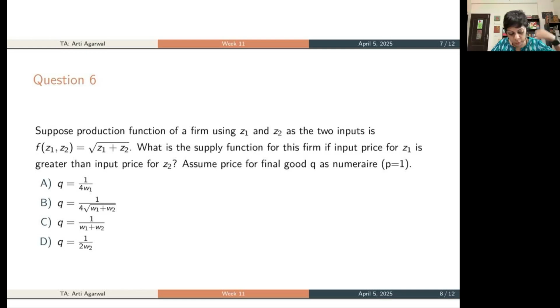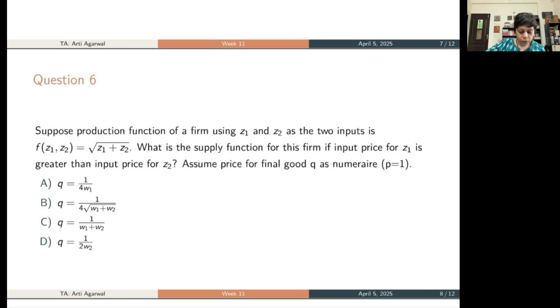I forgot to mention it in the question. And the final good is Q, which you are producing, and that is numeraire. Numeraire means that the good's price is normalized to 1. So we are taking output price P equal to 1.